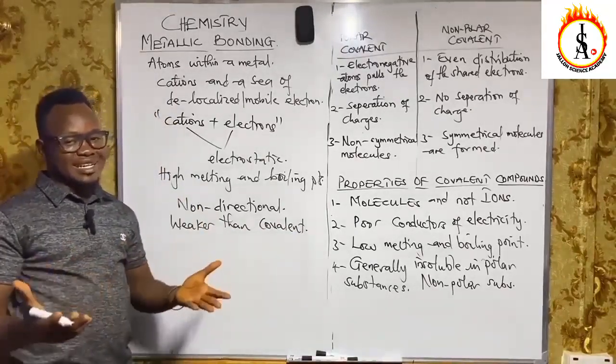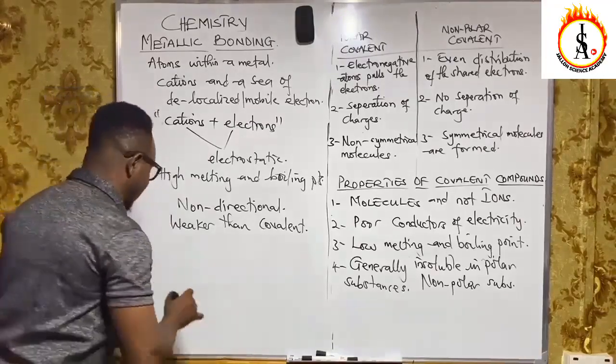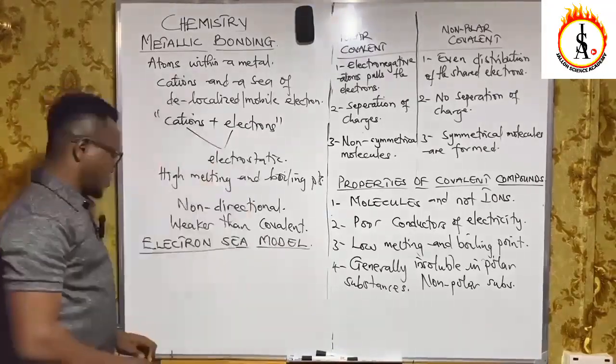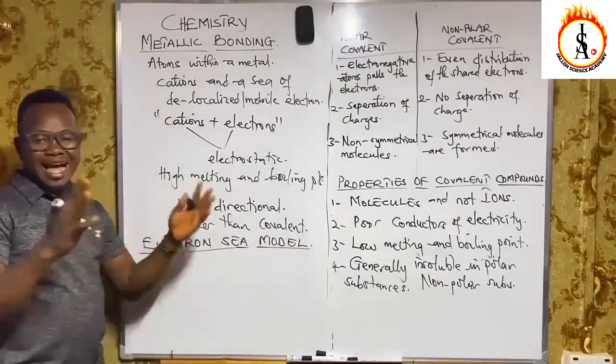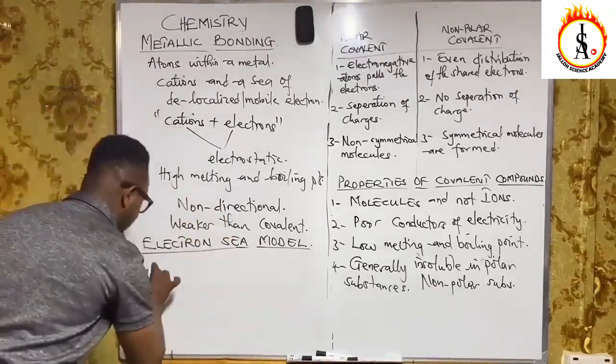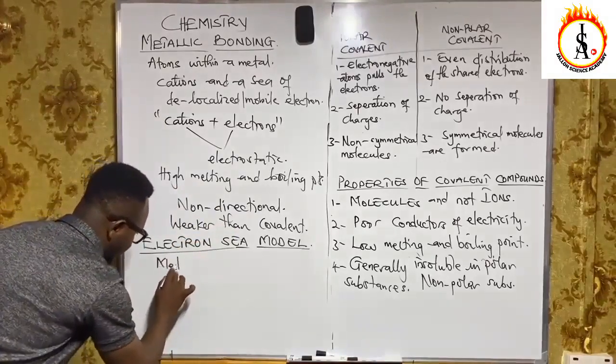Next, we look at the electron sea model. A metallic crystal consists of large number of atoms.